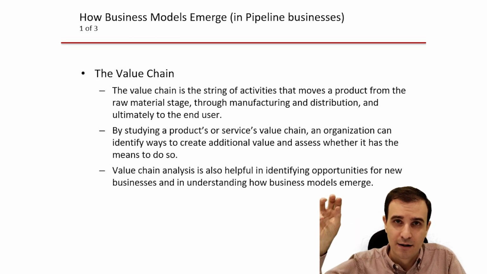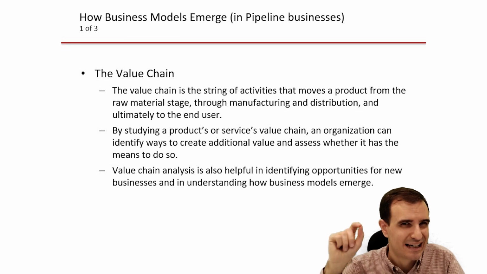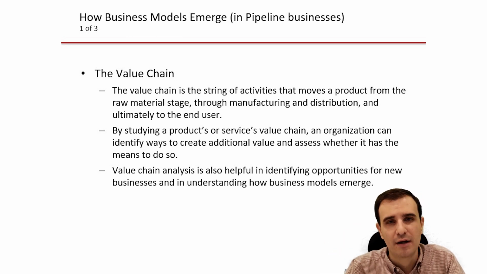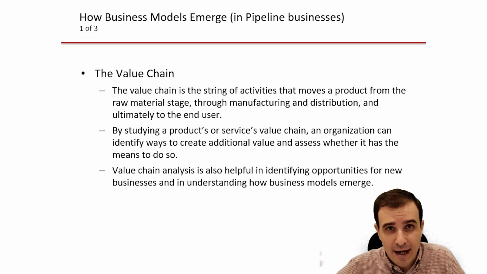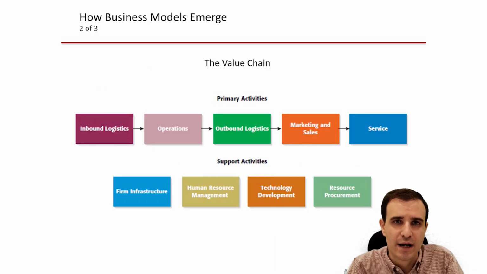Value chain analysis can match with a pipeline business model, it doesn't really match with a platform business model because it's just a different way of orchestrating, creating your venture, creating your profit formula, and so on.